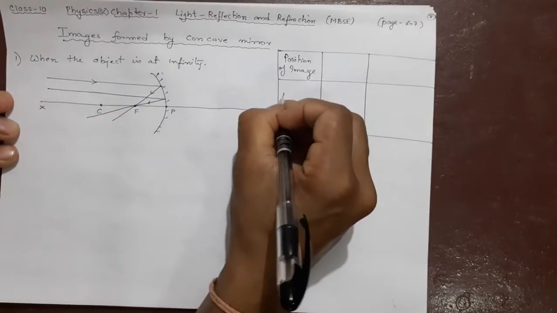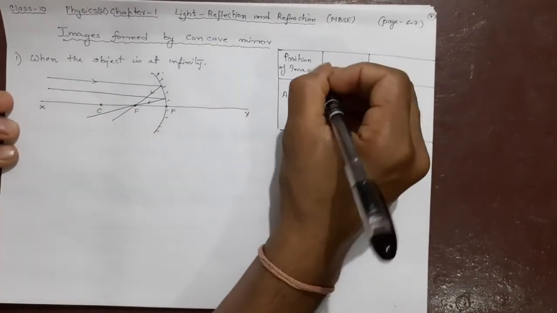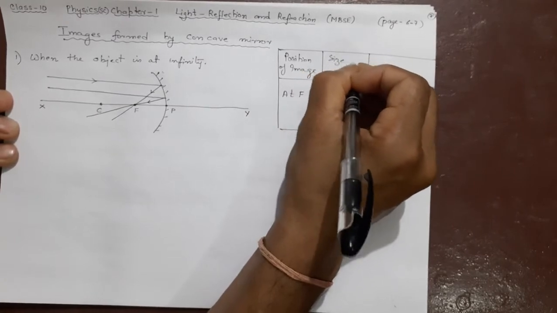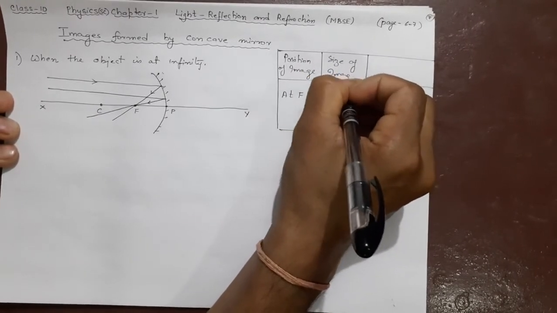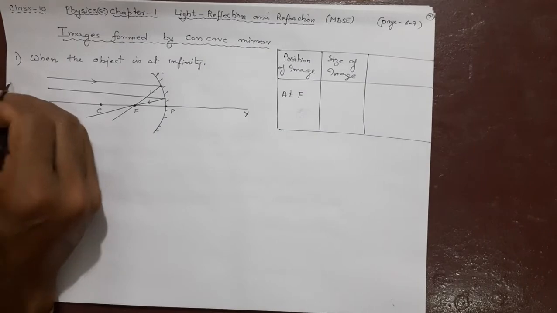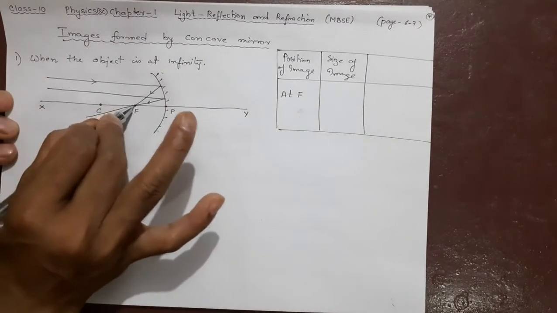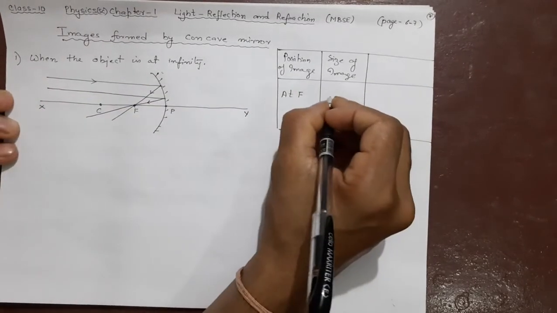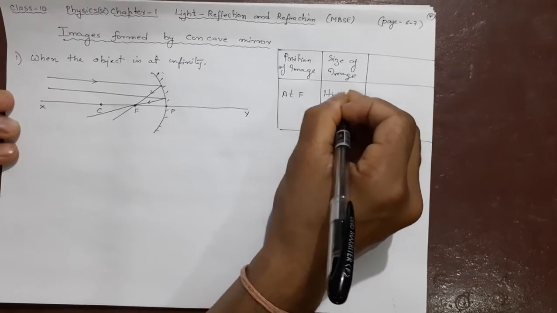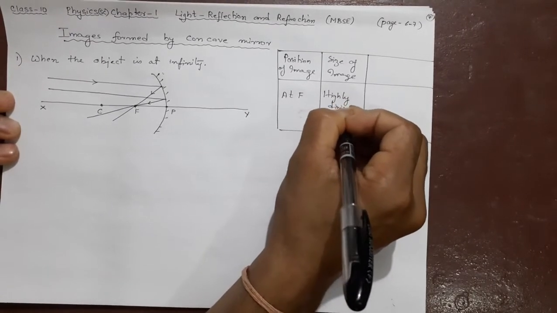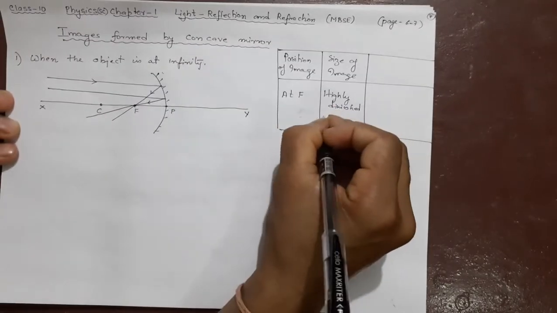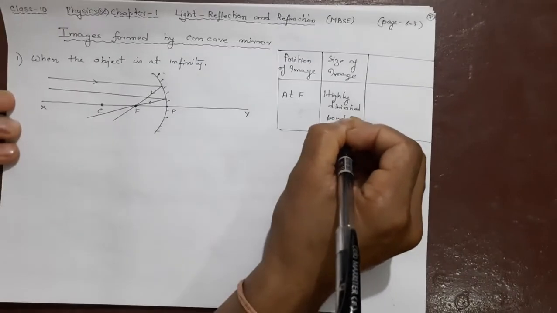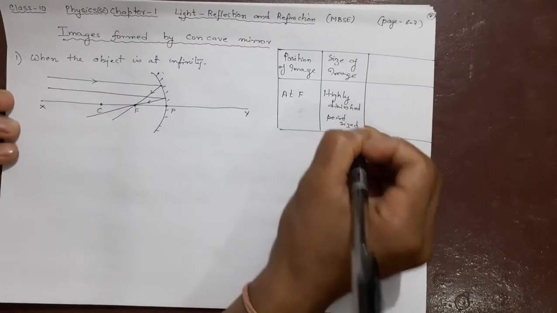Here at F. Size of image, how big is the image? Earlier it may be big or small, but the image is made only a point size, so it will be highly diminished, point size, very small, just like a dot.